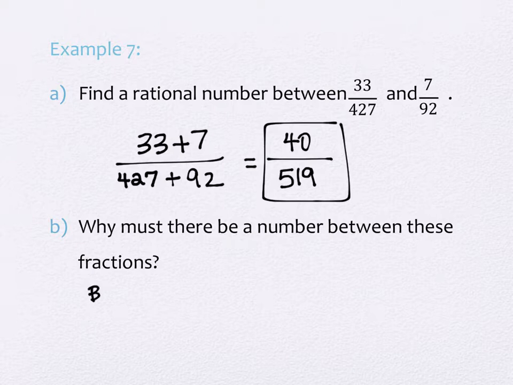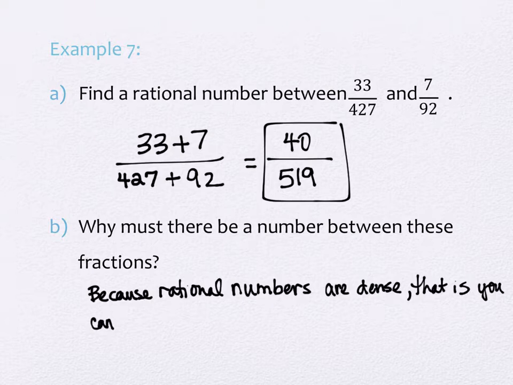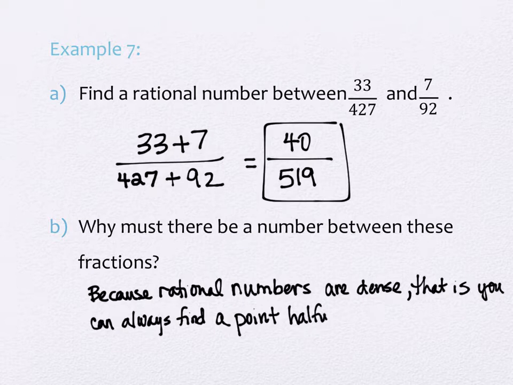So because rational numbers are dense, that is, you can always find a point halfway or partway, right?